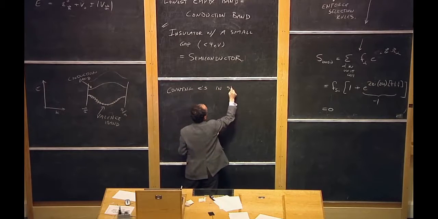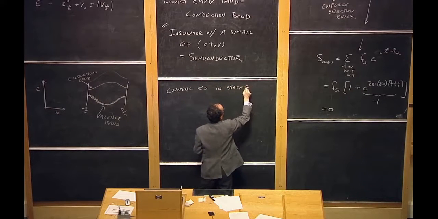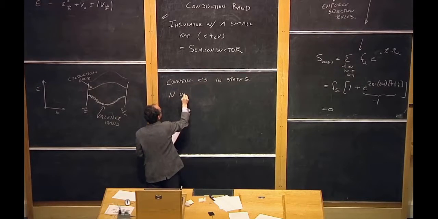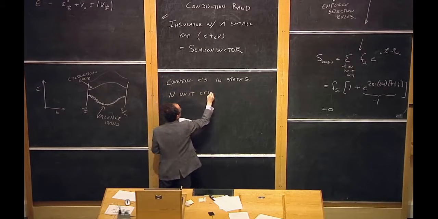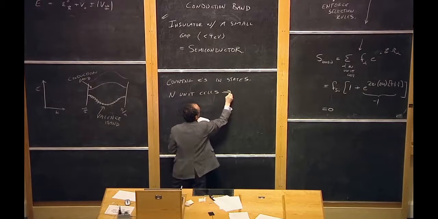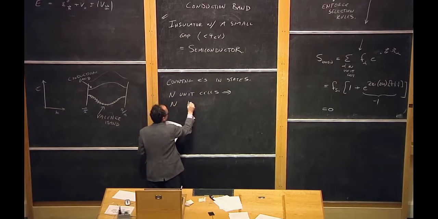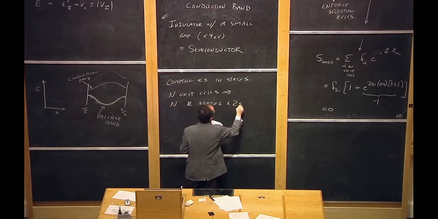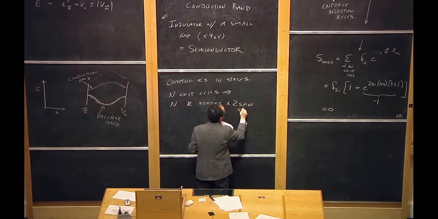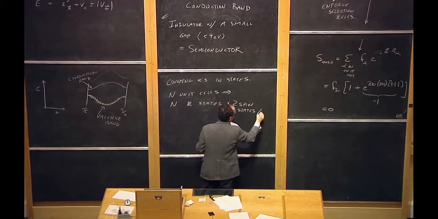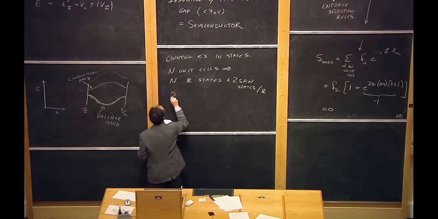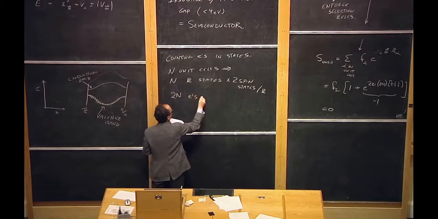Okay? Now, something else that we mentioned when we talked about the tight binding model is that counting electrons in states is rather important to figuring out if you have a filled band or not. If you have n unit cells in your system, then you have n k states, times 2 spin states per k, which means that 2n electrons will fill a band.